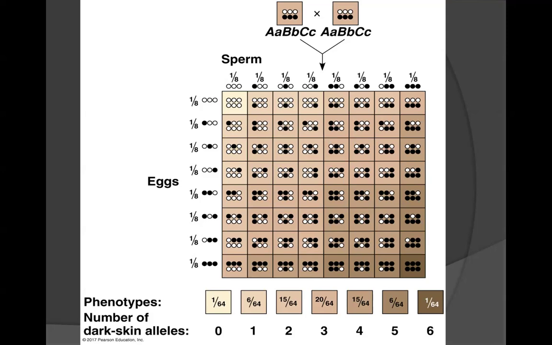If you have a genotype that contains mostly dark alleles, you will be on the darker end of the spectrum, as opposed to all light alleles. So this is very typical of other traits such as height and weight.